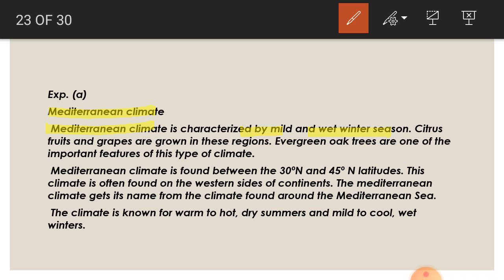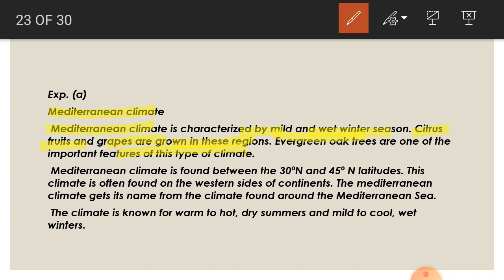It means the winters will be mild and wet, with rainfall in the winter season. Citrus fruits like oranges and grapes are grown in these regions. Evergreen oak trees are one of the important features of this type of climate.